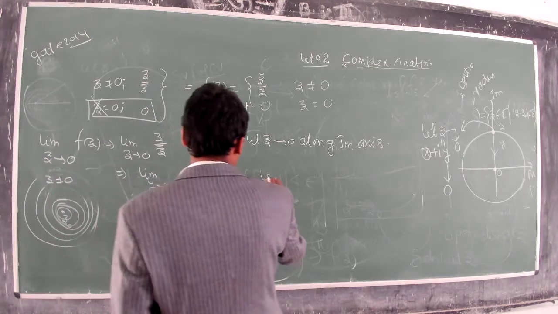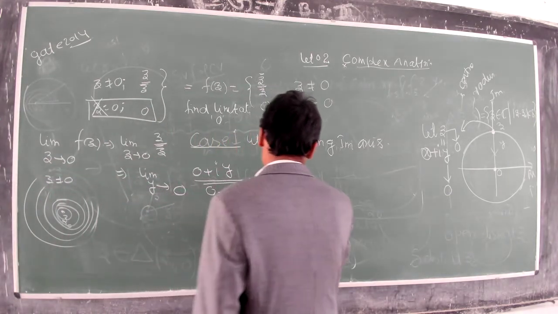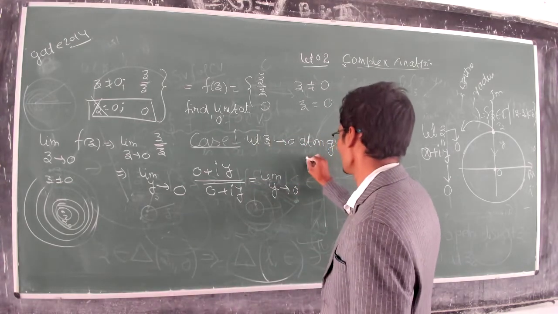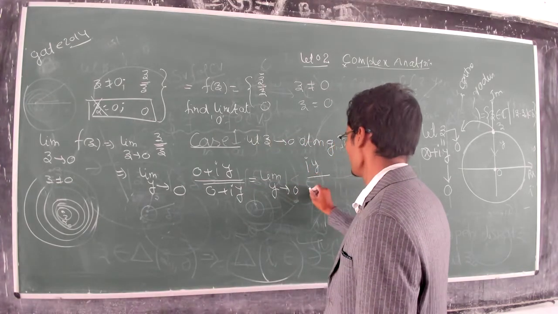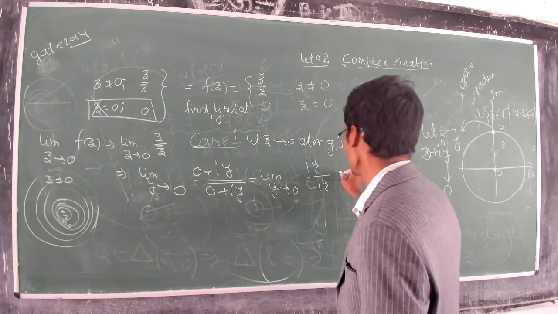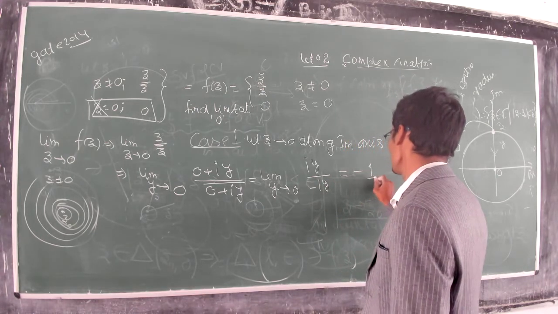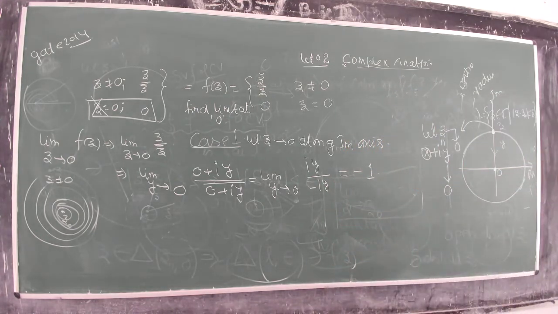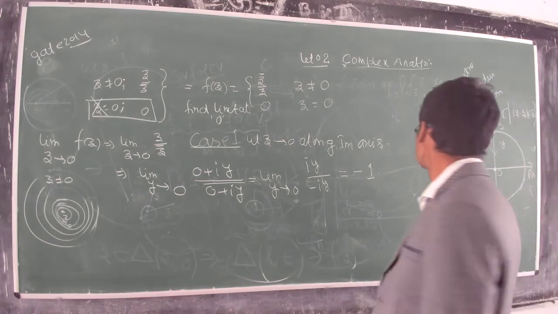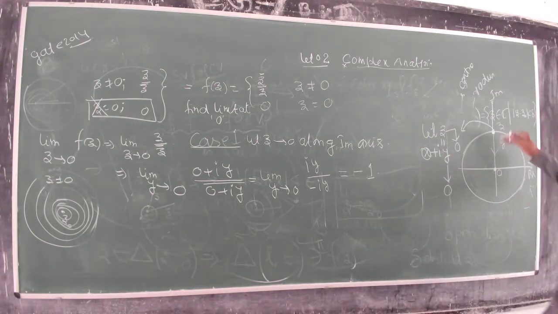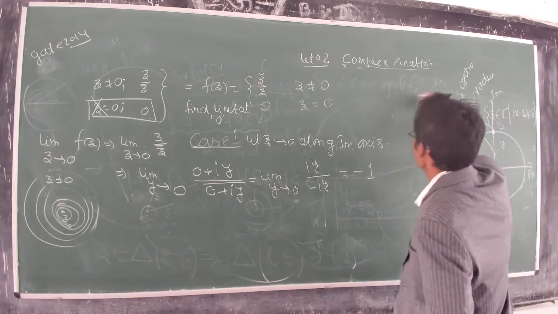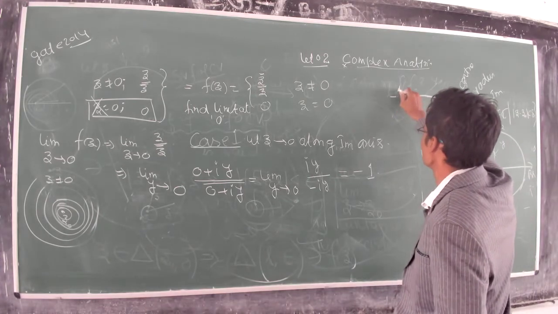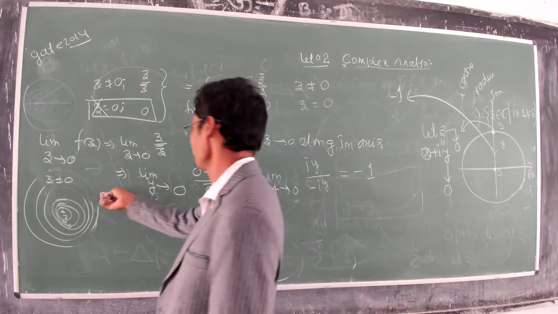This will be the limit as y tends to 0 of iota y upon minus iota y, which will be minus 1. Meaning, if you come by this approach, your function runs towards minus 1.